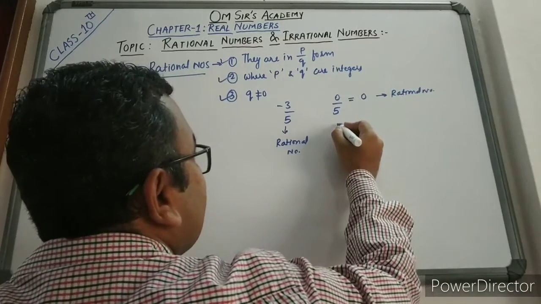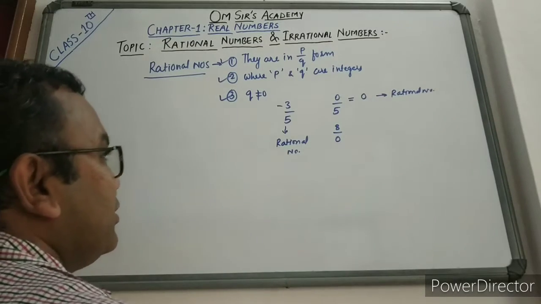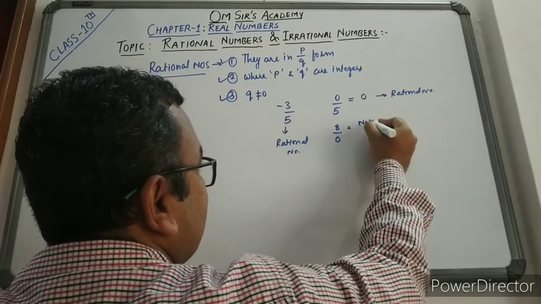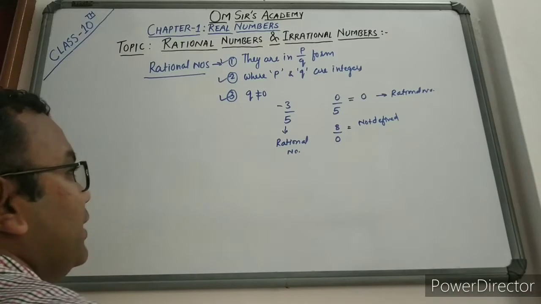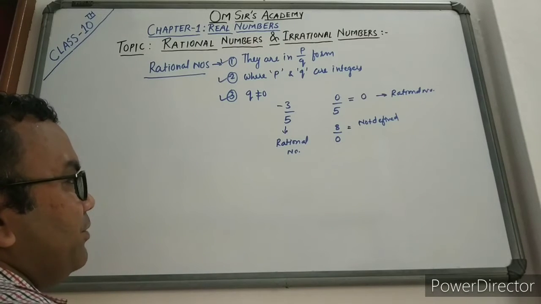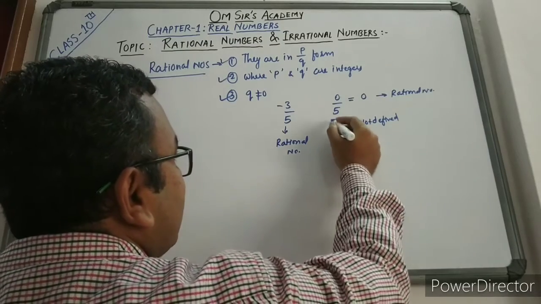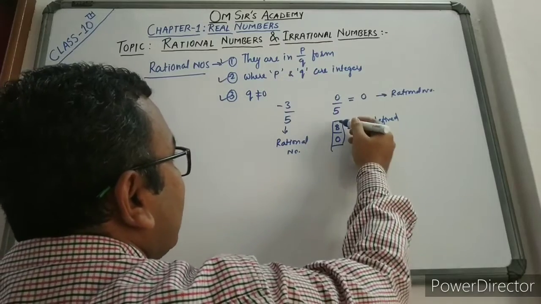But suppose I am given the reverse, that 8 upon 0, is it a rational number? The answer to this is not defined. The answer to this question, 8 divided by 0, is not defined. So in this case, your first two conditions are satisfied. That is, it is in P by Q form and P and Q both are integers.